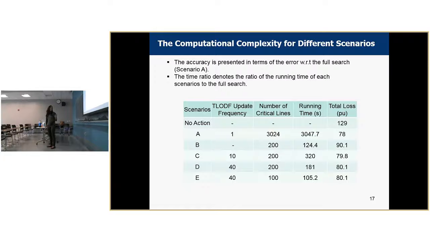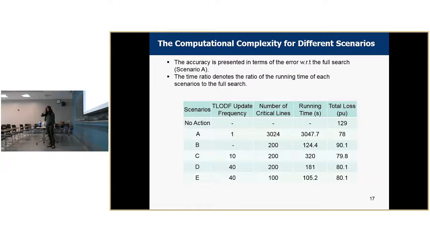But then, for example, if you look at the last row, that is scenario E, the update frequency is 40, the number of critical lines is 100, and with that one, in just 100 seconds, you can reduce the losses to 80. It's not as low as the full calculation, but if you consider the running time, it makes sense to just use the faster version.